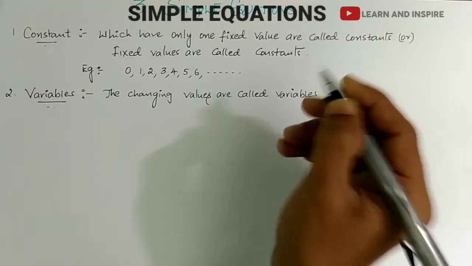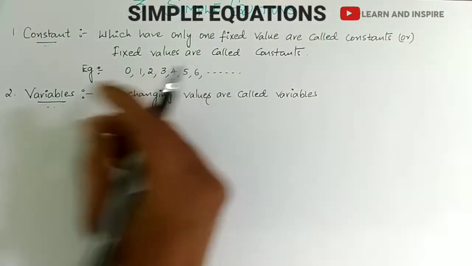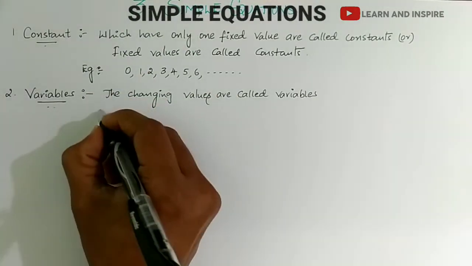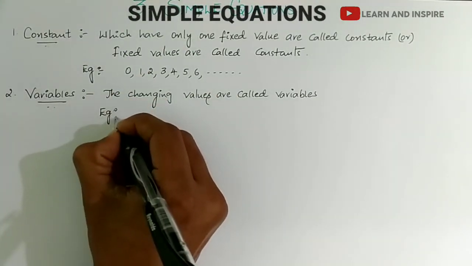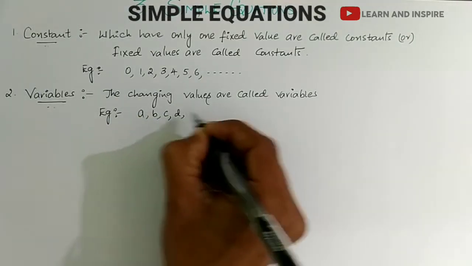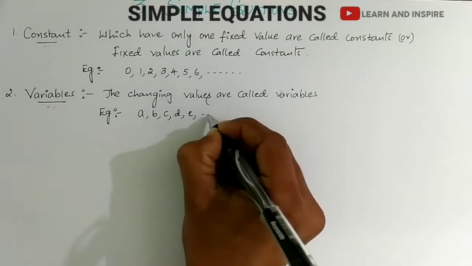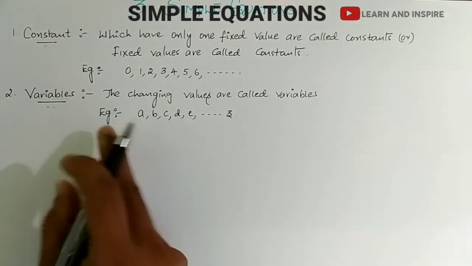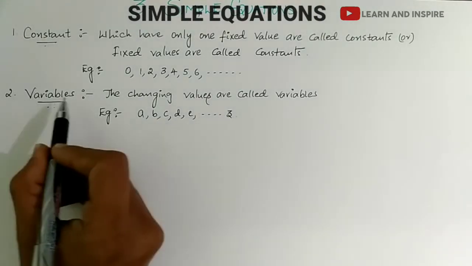Changing values are called variables. So an example for variables is all the alphabets. So we take A, B, C, D, E, and so on up to Z. All these alphabets are called variables.